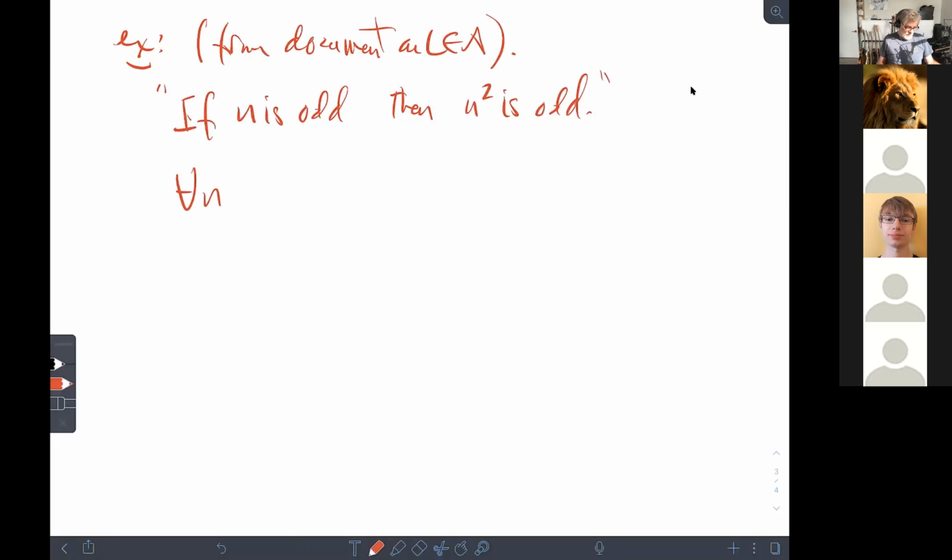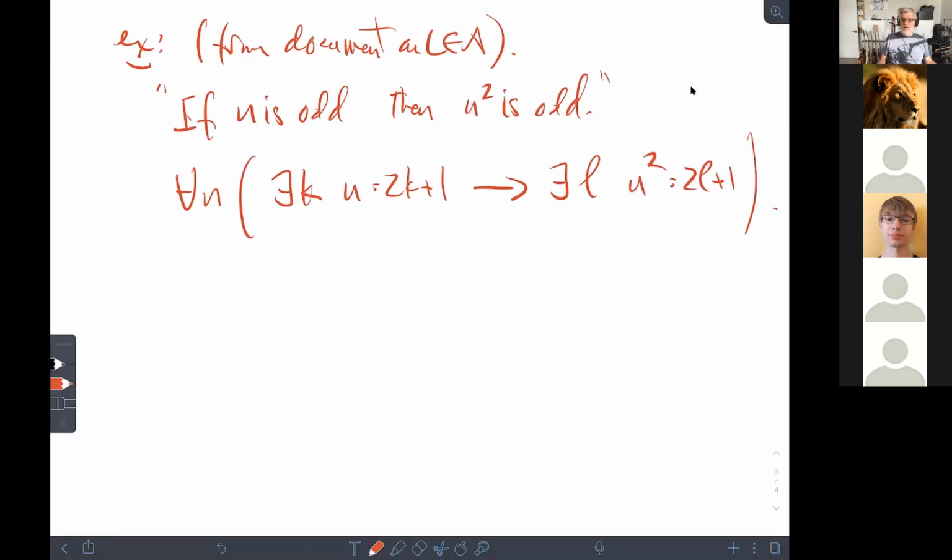And that one is pretty straightforward if you know how to write down what it means for a number to be odd. What does it mean for n to be odd? It means there exists a k such that n equals 2k plus 1, right? This is exactly saying that n is odd. And this should imply that n squared is odd. So there exists some L such that n squared equals 2L plus 1. That's how I would write this.